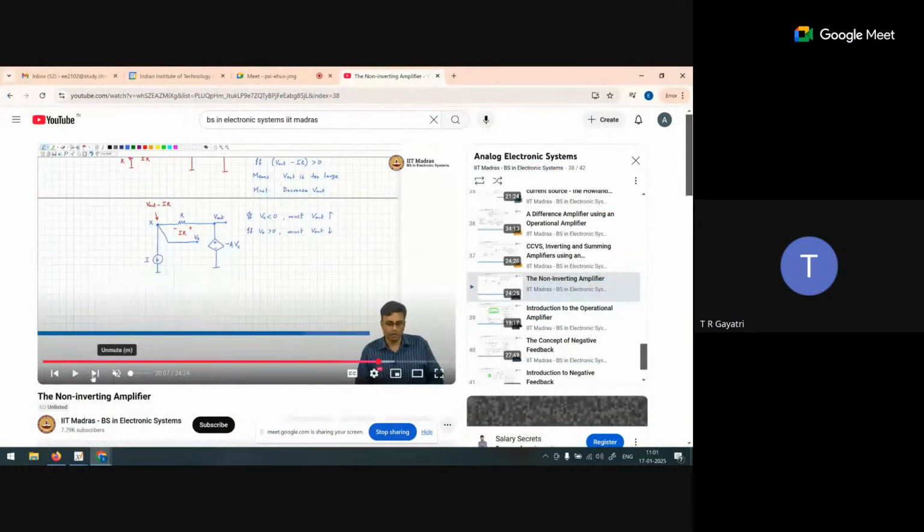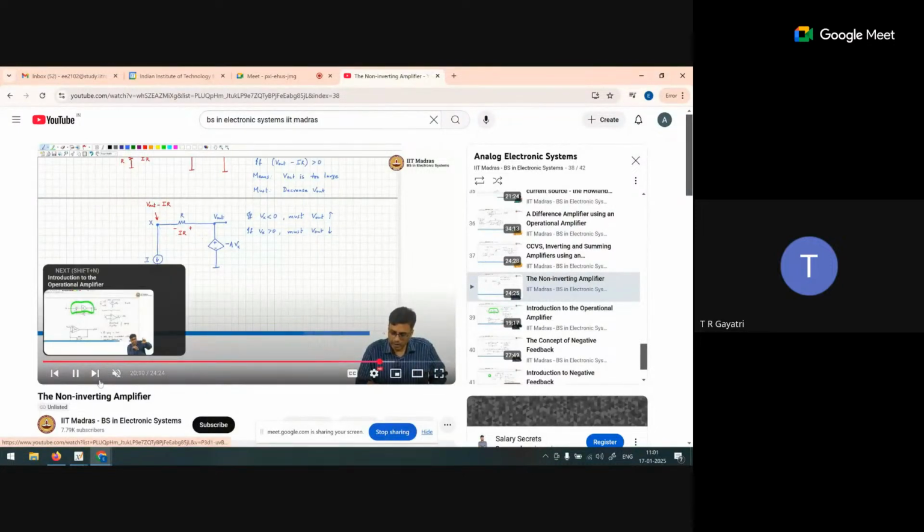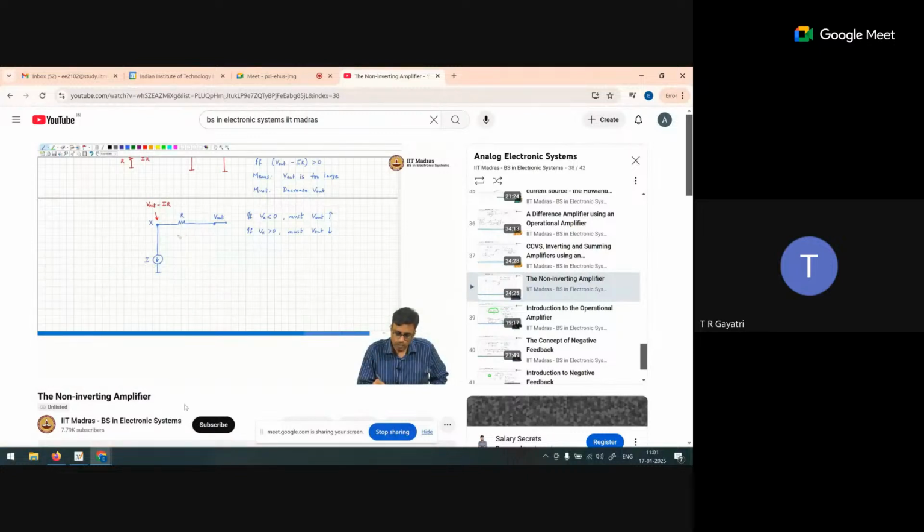The confusion was that when we are using, instead of a current source, when we directly give this, there he only uses A into VE. That is an error signal. If we are taking the feedback, in this feedback it is an error signal.